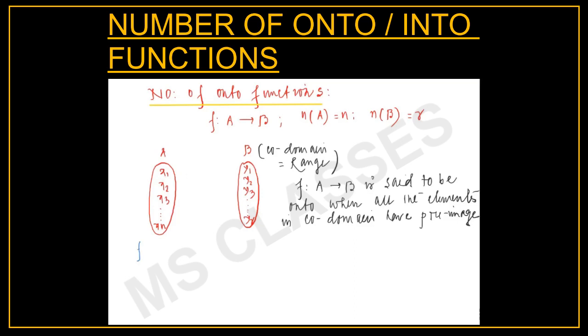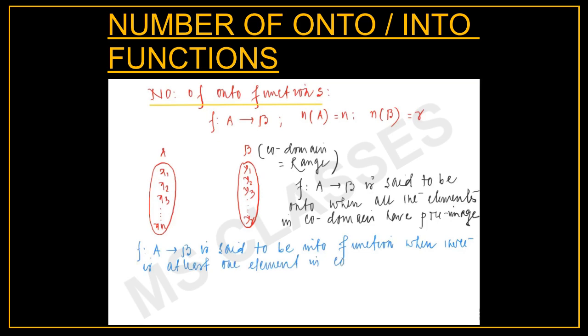If you write it down, F maps A to B is said to be an into function when there is at least one element in the codomain, that is set B, which has no pre-image.